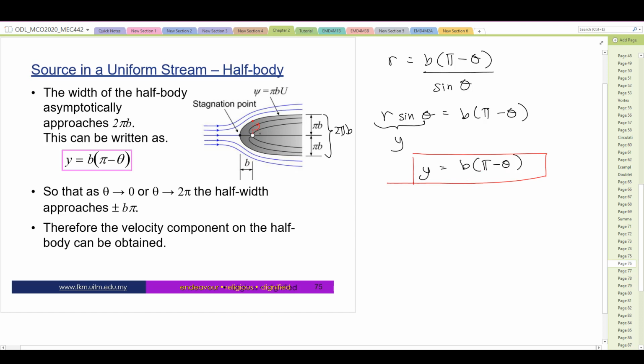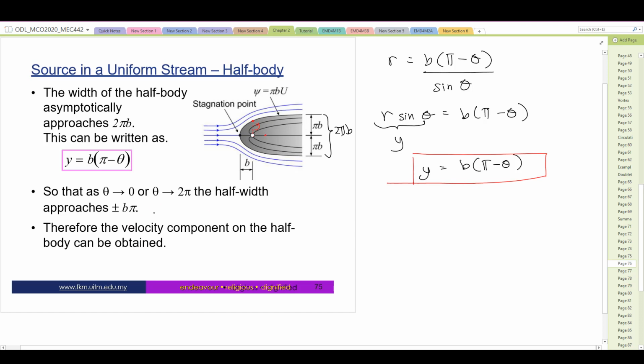This theta is 0 here, and at this point theta is pi over 2. So you can find the distance from 0 to y, or the point at this coordinate along the solid body. At theta equal to 0 or 2 pi, the half width approaches b pi.